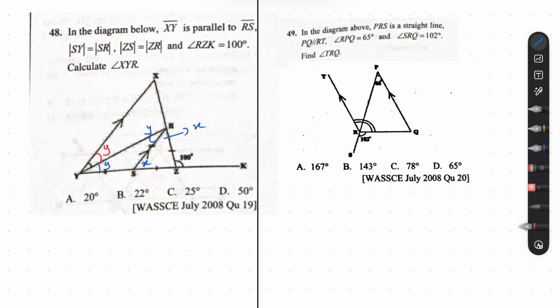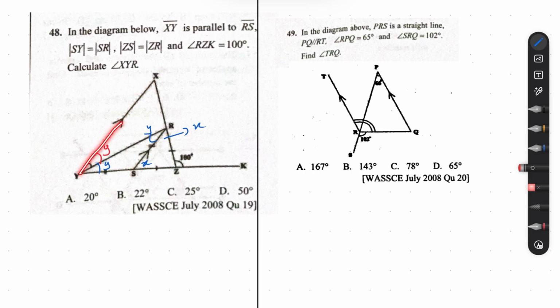Now before we move on, let's do something else. When you look at this line and this line, we can also have corresponding angles.